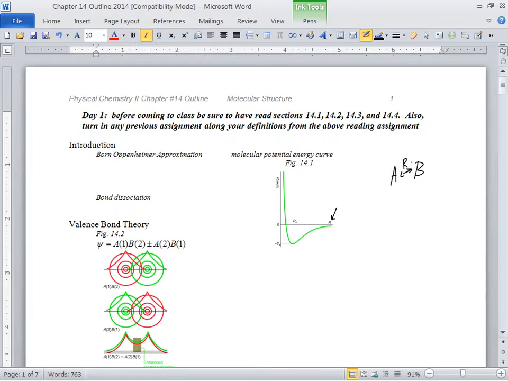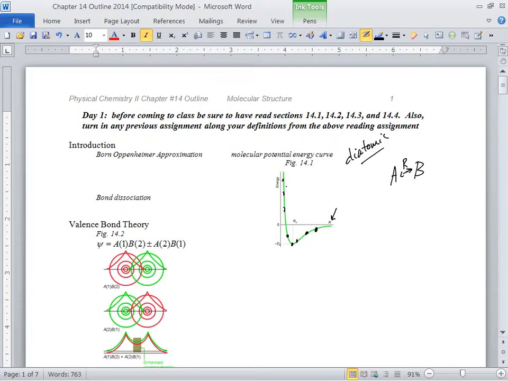The point is let's fix the position of the A and B nuclei, those atoms, and then just calculate the energy and plot it out. Change their position, make it a little bit closer, plot out the energy, and you keep doing that for a diatomic molecule and end up with a plot like that.